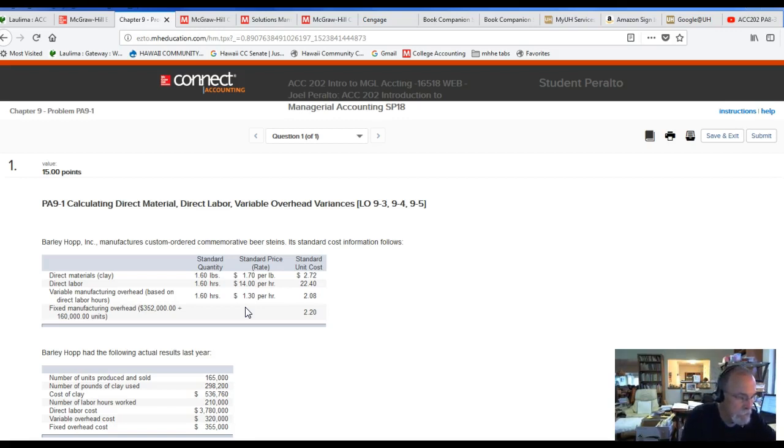But anyway, Chapter 9 is on standard costing and variance analysis, and so this is good stuff if you're working in more of a manufacturing environment, which admittedly we don't have a whole lot of in Hawaii. Certainly not too much on the Big Island.